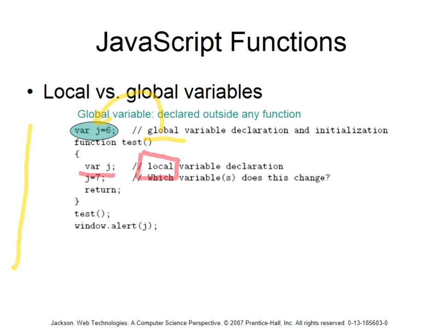Okay, so we have the same name. So this function modifies the value of g. G equal 7. So what's the meaning of test like this instruction?